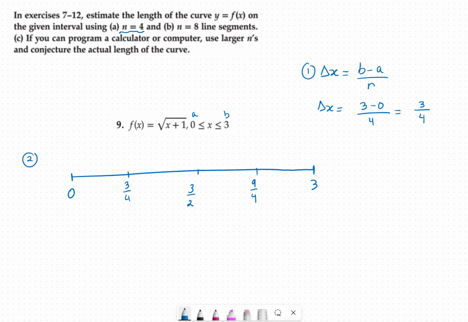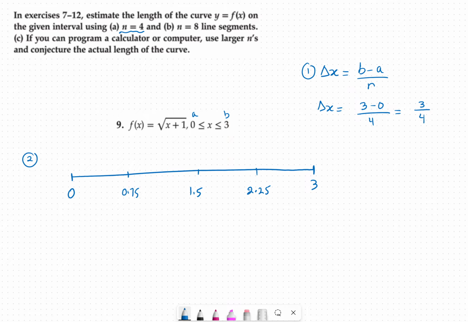So I stop. Now if you don't like to work with fractions, you can work with decimals. So instead of saying 3 over 4, I can say 0.75. Instead of saying 3 over 2, I can say 1.5. Instead of saying 9 over 4, I can say 2.25 and then 3.